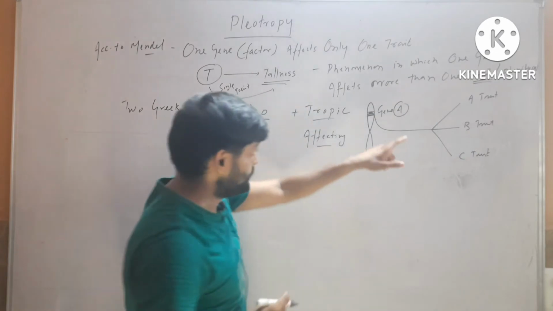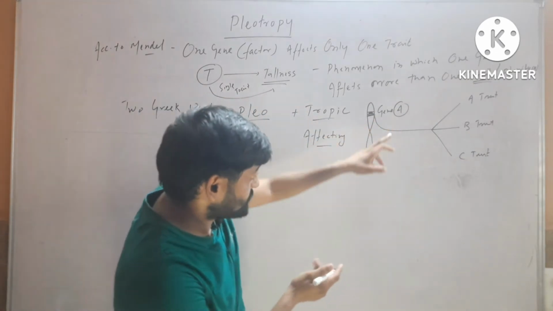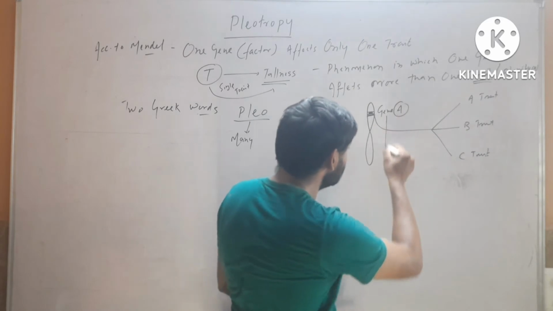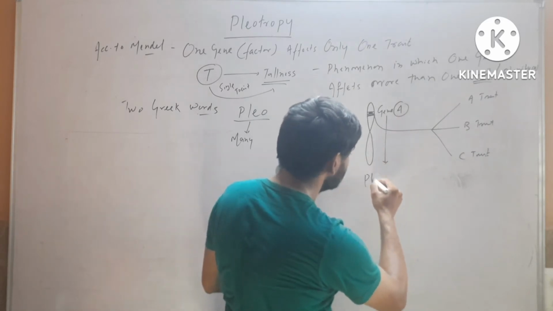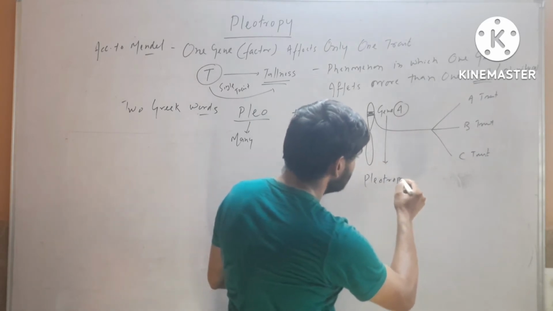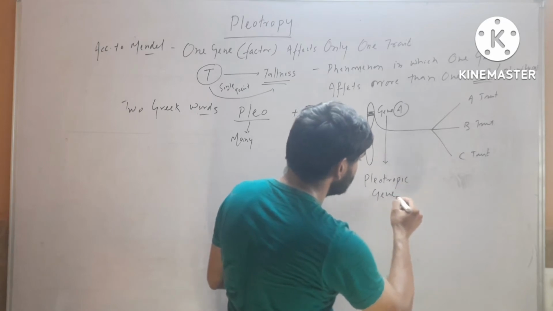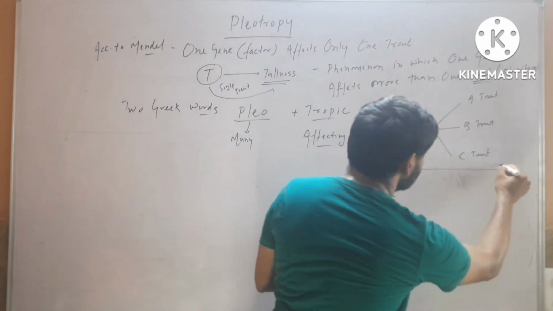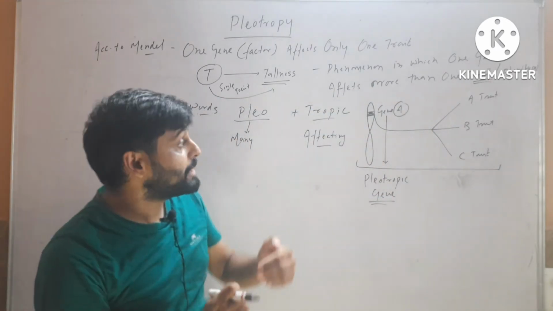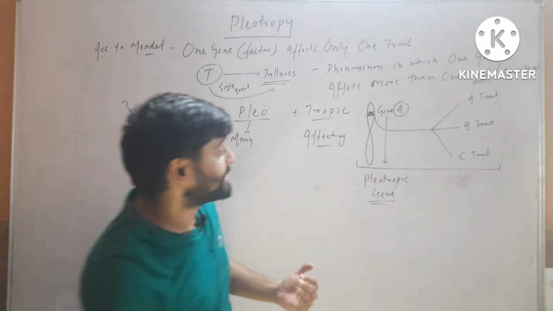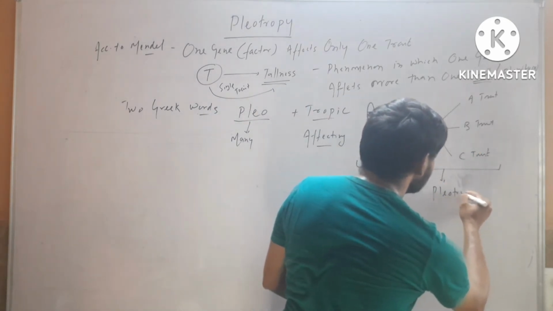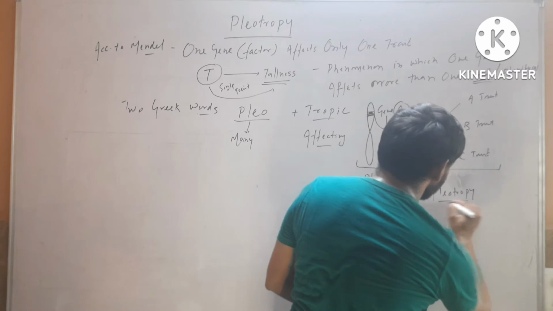So if this gene A affects these three traits, then this gene will be called a pleiotropic gene. And the whole phenomenon in which a gene affects more than one trait will be called pleiotropy.